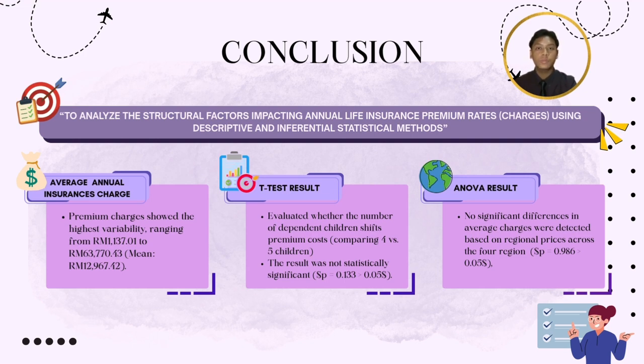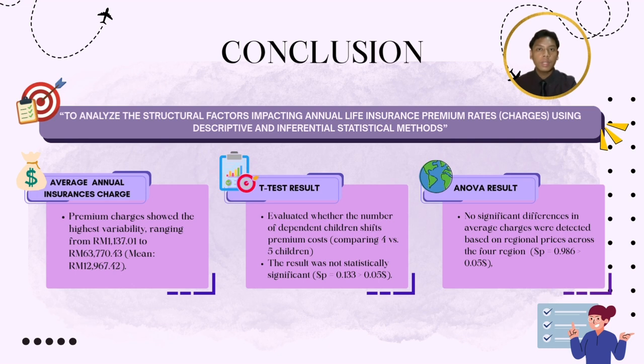When we look deeper using inferential statistics, our independent sample t-test showed that having 4 versus 5 dependent children did not statistically alter premium cost, as the p-value was greater than 0.05. Similarly, our one-way ANOVA across 4 geographic regions yielded a p-value of 0.986, proving that location has no significant impact on pricing.